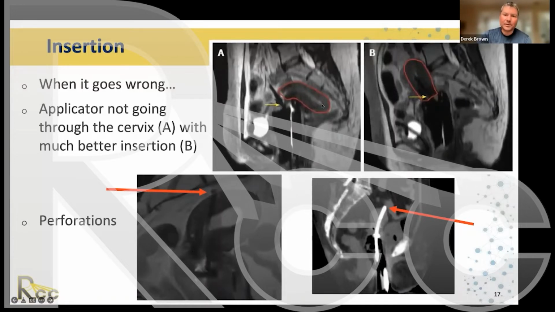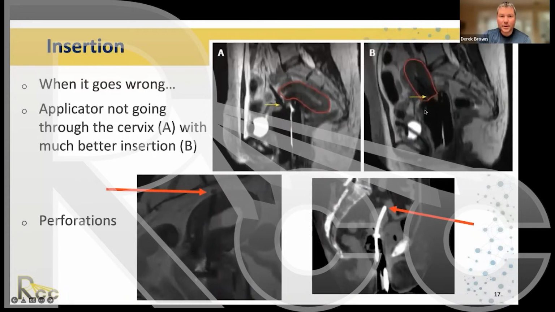This patient has a uterus with fairly unique anatomy. It's retroverted. They've come in with the tandem here, expecting the uterus to be up here, and it has missed the uterus entirely. It's not even gone through the cervical os. Here's the applicator. They've not been able to get in through the cervical os and into the uterus.